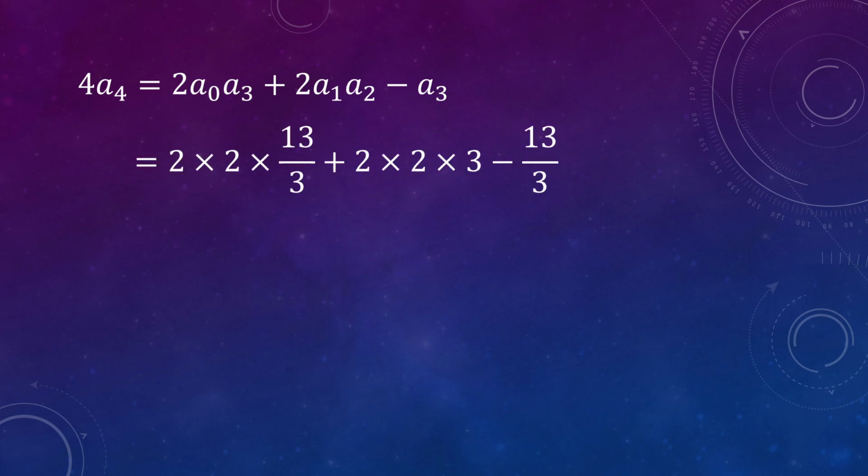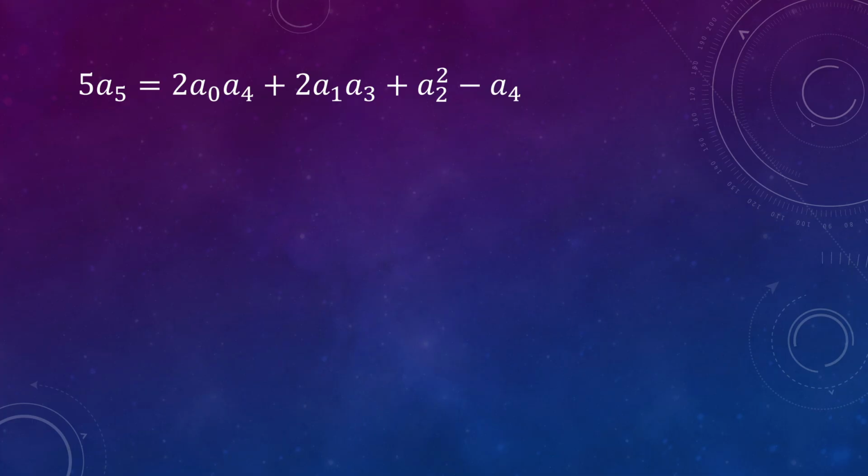Now 4 times a4 equals this. So substituting values of a0 up to a3, we get this, which simplified will become 25. So 4 times a4 is 25. So a4 will be 25 over 4.